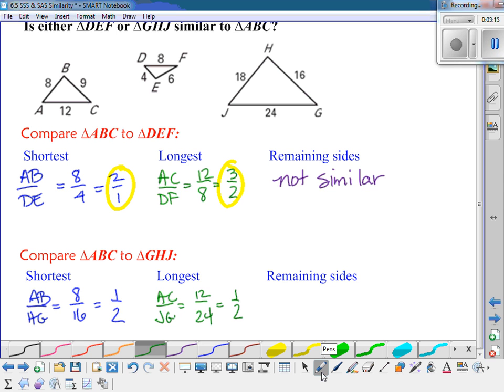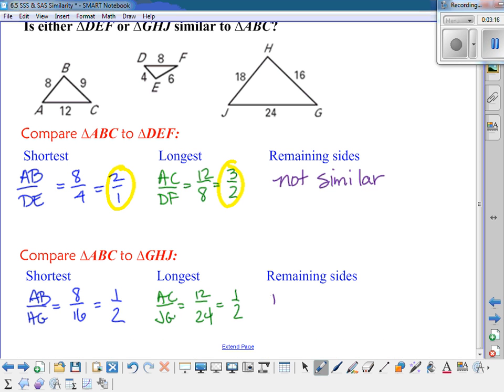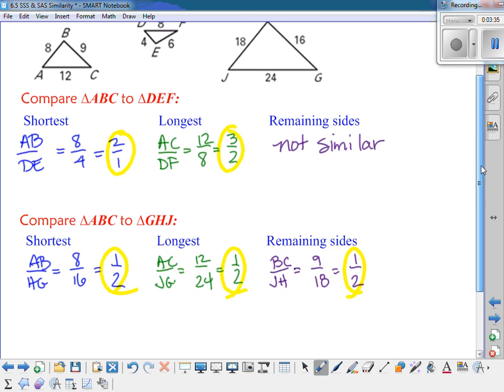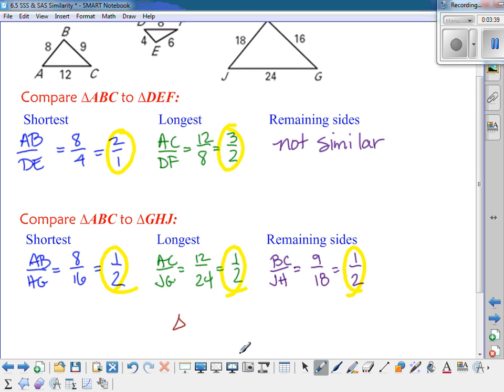And so my remaining side, the one in the middle, is BC, and we compare that to JH, which is 9 over 18. And that also reduces to 1/2. So since all of them have the same ratio, I can say that triangle ABC is similar to triangle GHJ by side, side, side similarity.